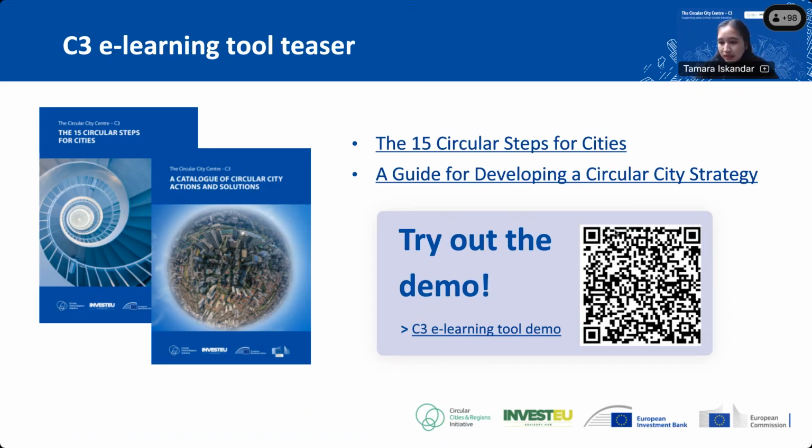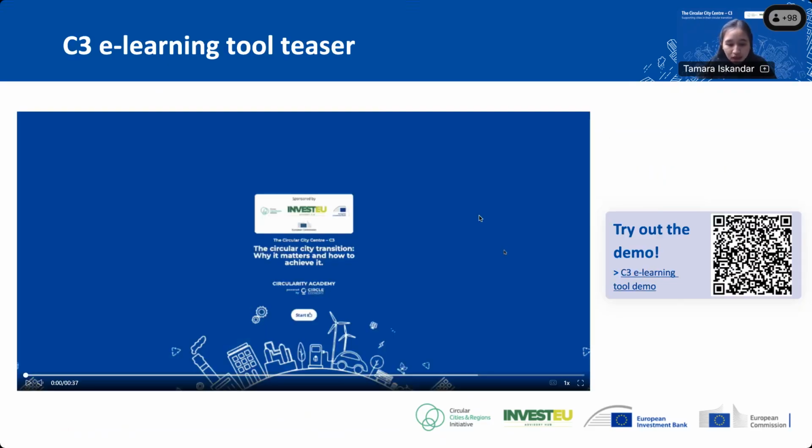You can scan the QR code, but I can also show you a quick glimpse of what it might look like. There will be multiple functions and interactive elements that you can play around with in our new e-learning tool, which is coming very soon. I will go ahead and play you a quick sneak peek.